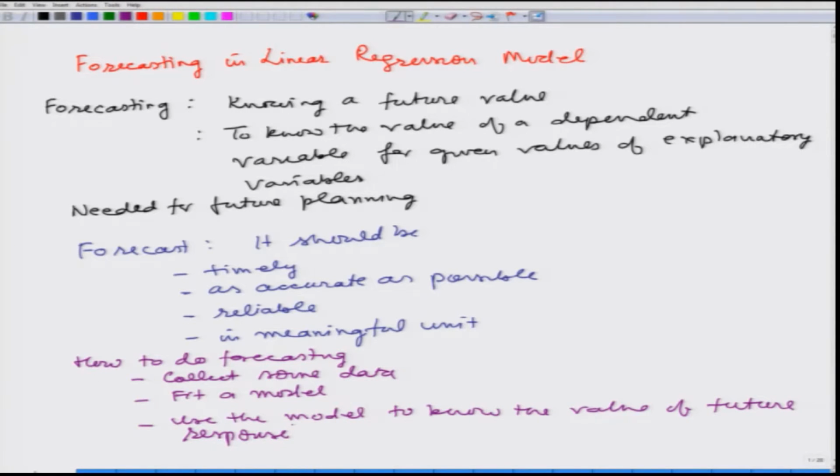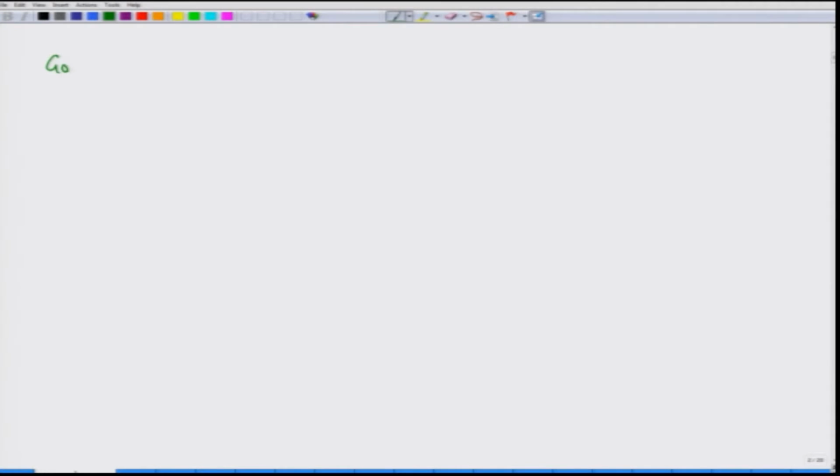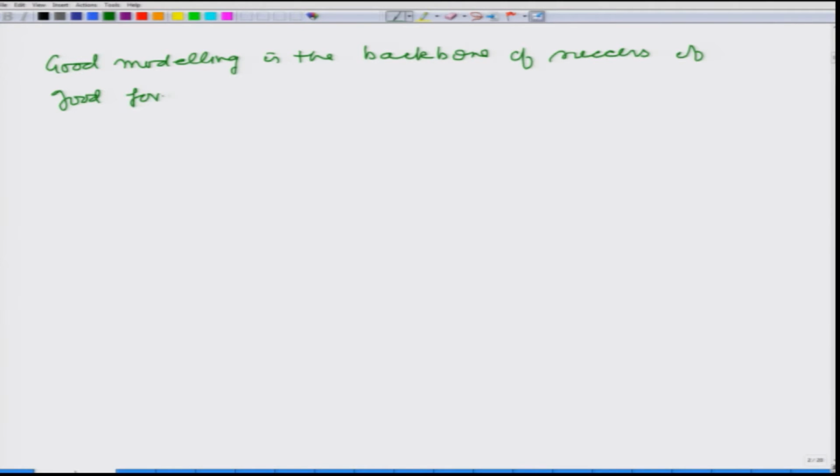So, I would say that good modeling is the backbone of success of good forecasting.